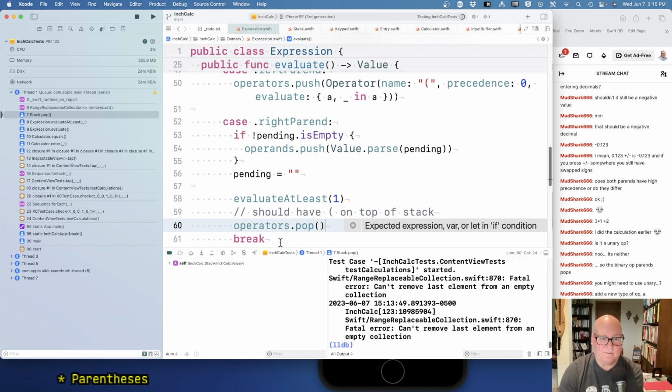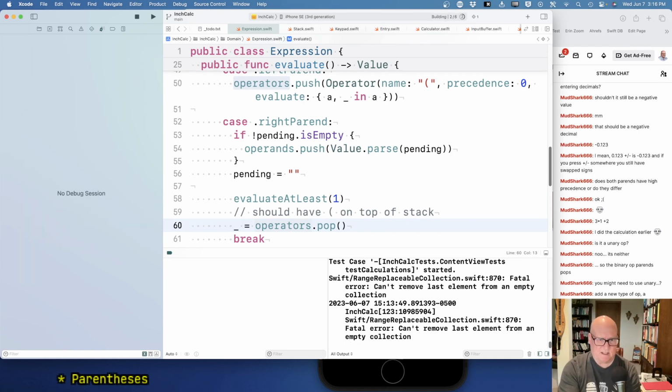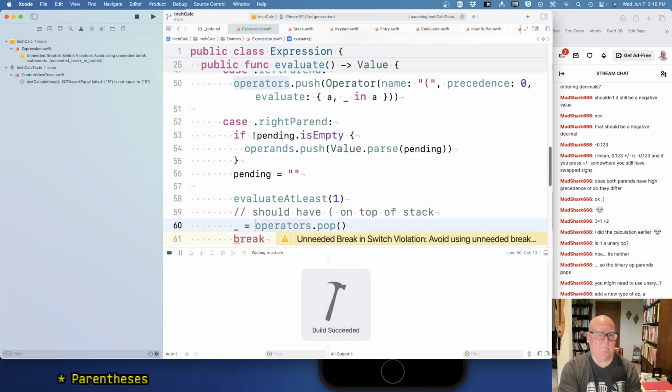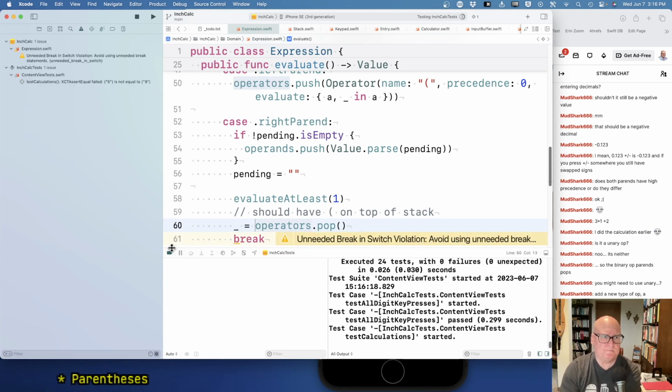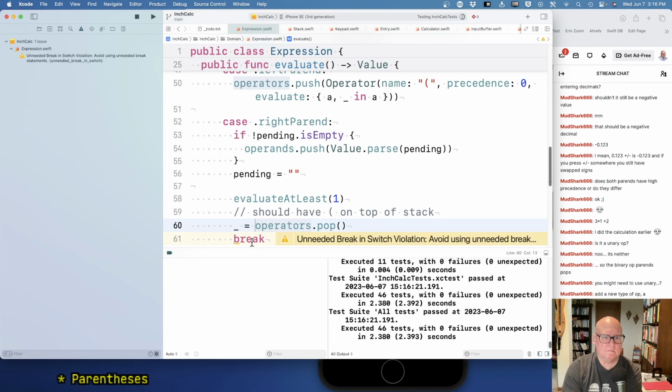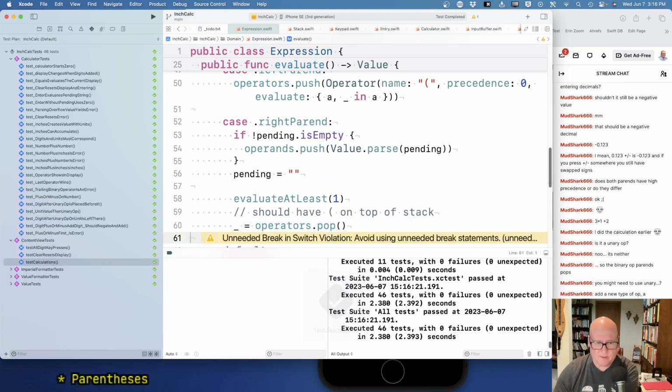I think I'm kind of feeling my way into this, but it should be there. Now we haven't dealt with what if you forget to type your left paren. Okay, let's see if this is getting us closer. Yeah. Okay.